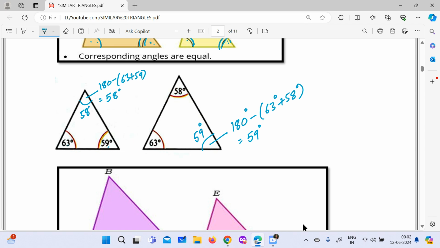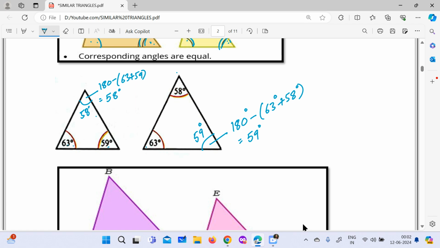So now we can see whether these two triangles are similar or not. You can see very clearly that lengths are not the same, lengths are not given, so we cannot compare right now. So we will just speak about the angles. This is smaller and this is the enlarged shape.